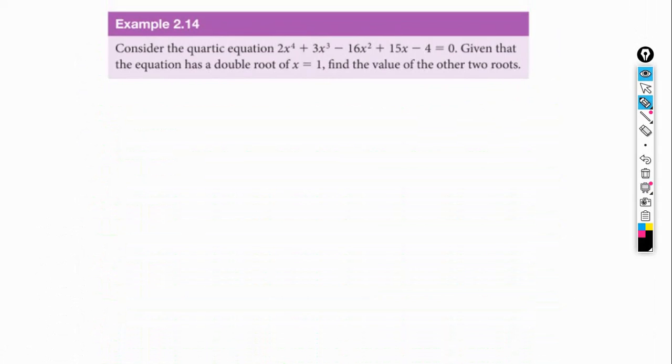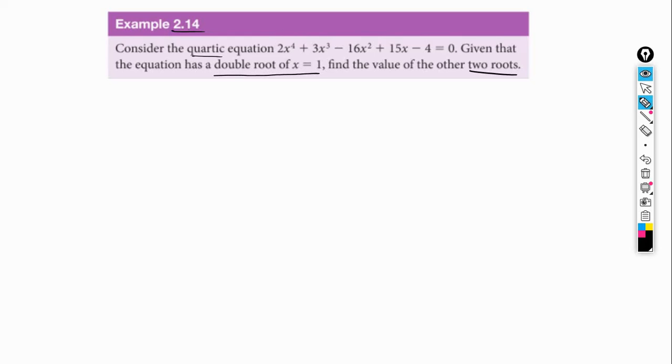Okay, so now we are in example 2.14, which will be the last one on this video. And it says, consider the quartic equation 2x to the 4 plus 3x cubed minus 16x squared plus 15x minus 4 equals 0. Given that the equation has a double root of x equals 1, find the value of the other two roots.